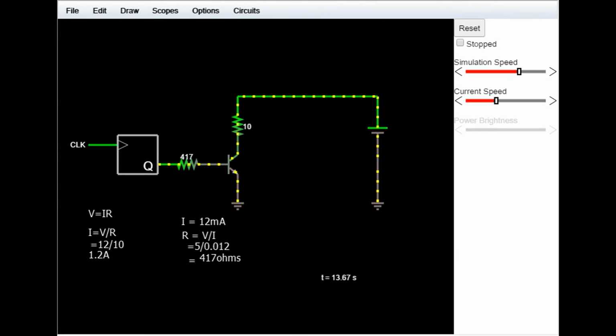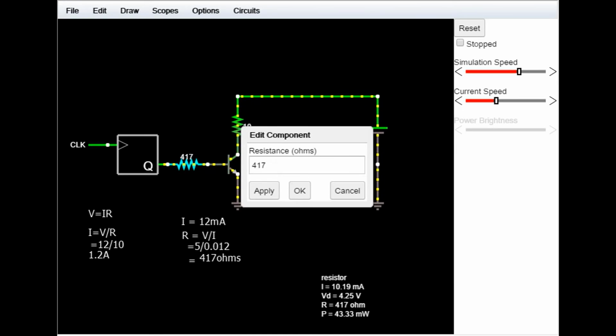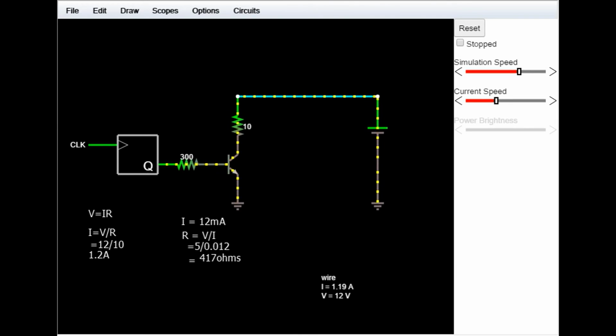theoretically, but again, transistors are not perfect mathematical units. They have a little bit of error and so on, because they're made out of physical materials. So we want to go a little bit below 400, so around 200, 300, and we're going to get our 1.2 amps going through this wire.